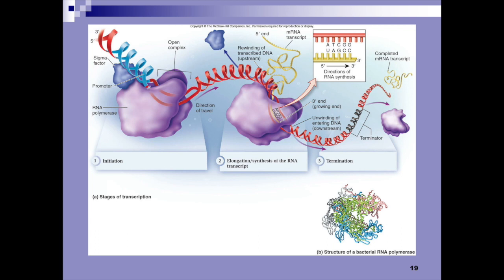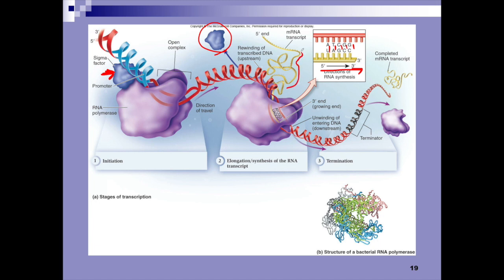So here we have initiation. Here's where that open complex is formed. Notice that we still have sigma factor bound to RNA polymerase getting it started. Once the sigma factor falls off, that means that RNA polymerase is stabilized, the open complex is ready, and we now start our base pairing. So here we have our direction from 5' to 3', and you can see that it is complementary base pairing each RNA nucleotide to its complement DNA nucleotide.